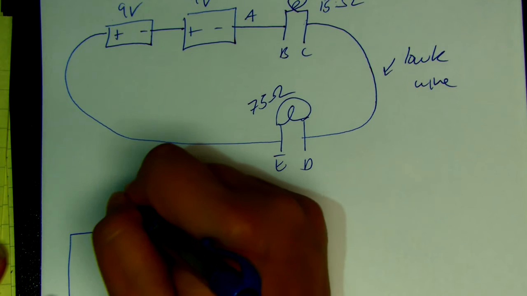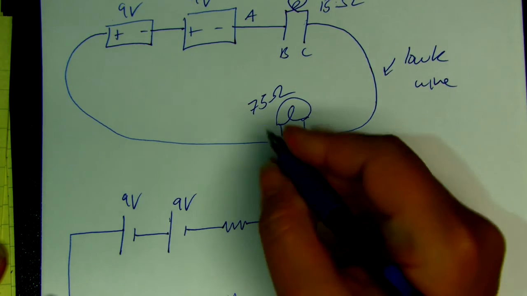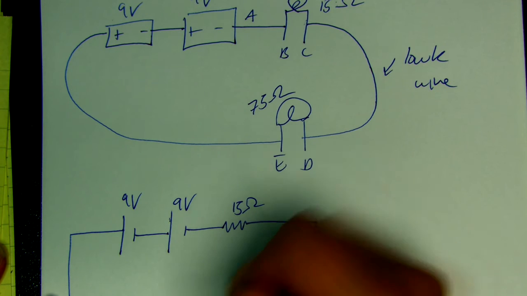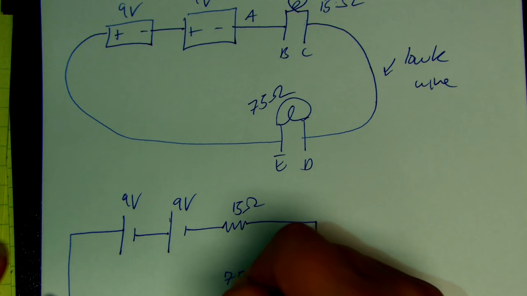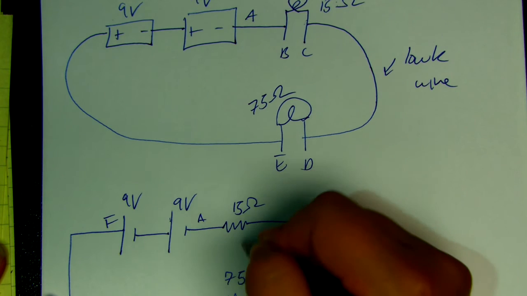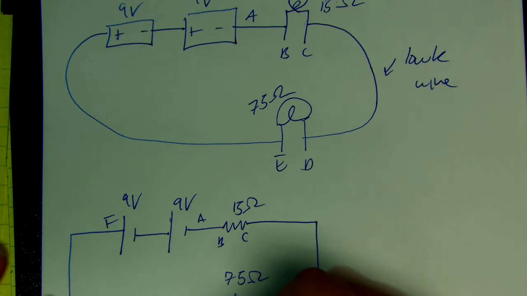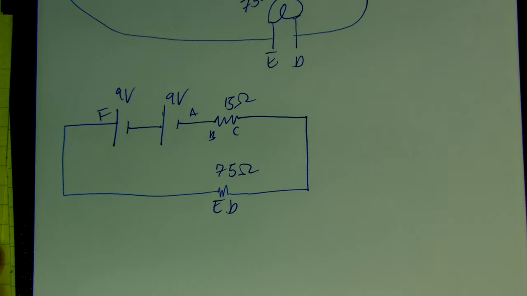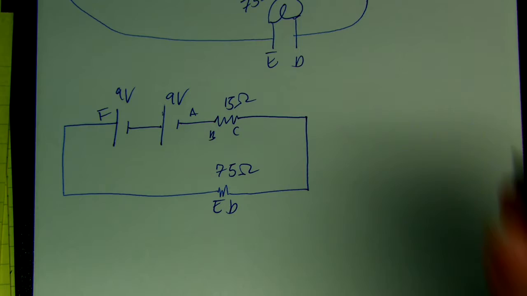Okay, so we have got 9 volts, 15 ohms, 75 ohms. We have F, A, B, C, D, E. Okay, so now we've replicated the circuit using a much cleaner drawing.